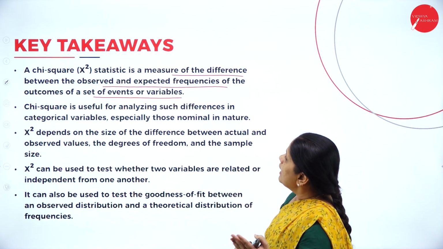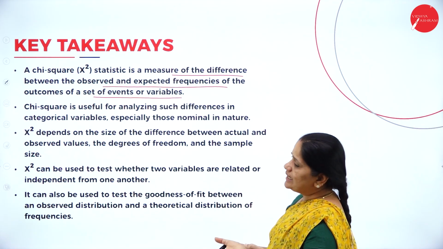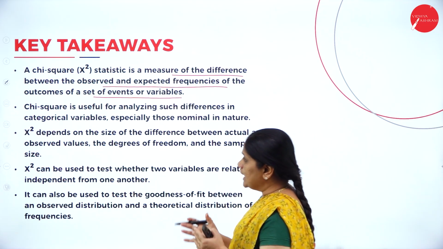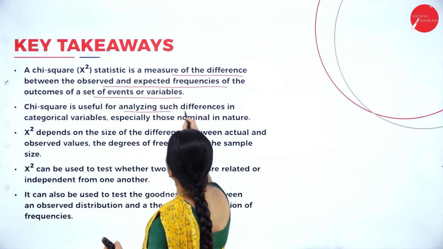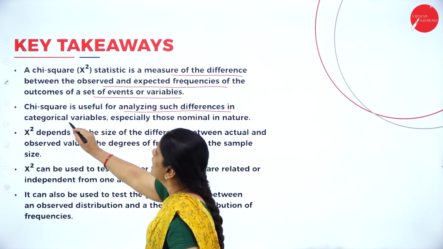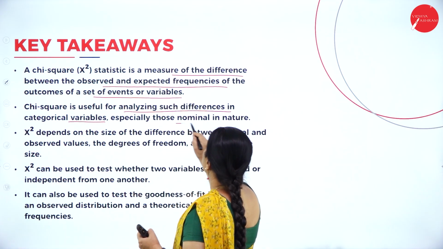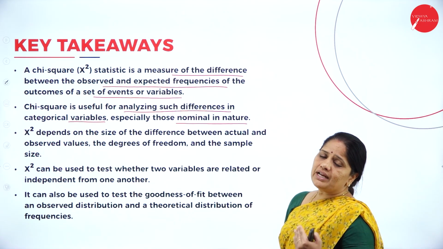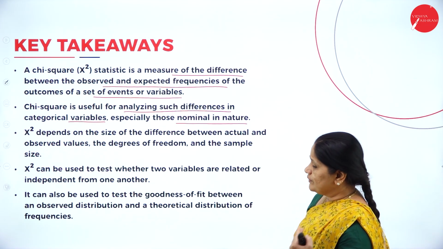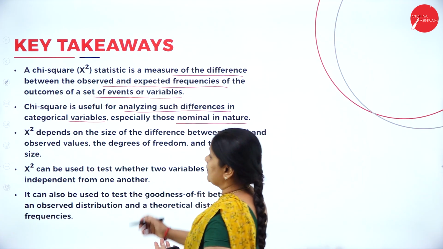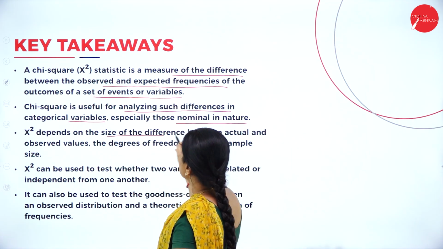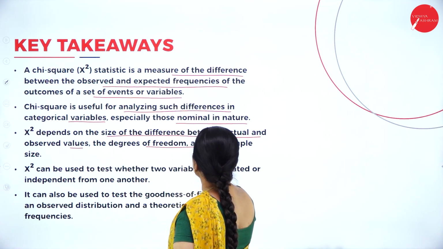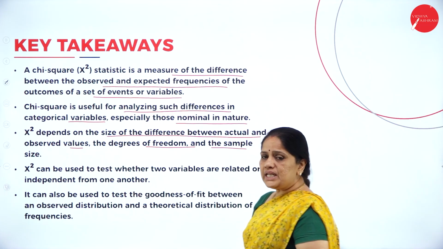It is useful for analyzing such differences in categorical variables, especially those nominal in nature. So for all those nominal variables we can use the chi-square for comparison. It depends on the size of the difference between the actual and the observed values, the degrees of freedom, and the sample size.